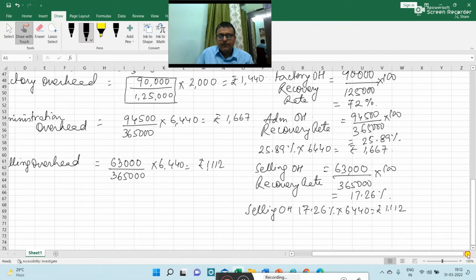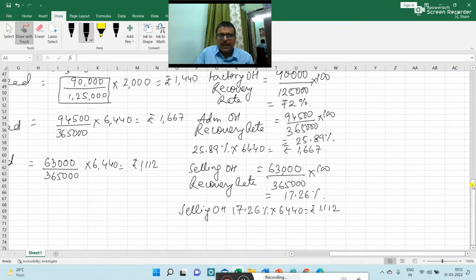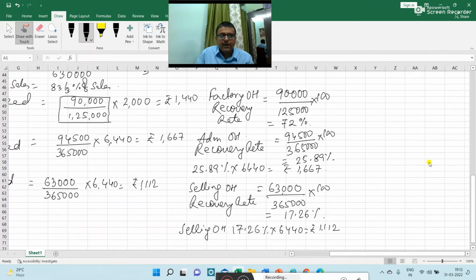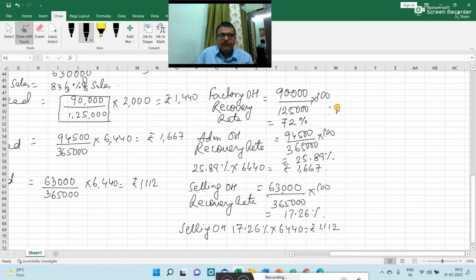You can calculate the factory overhead also by applying this factory overhead recovery rate. So here I am writing the factory overhead is equal to 72% of wages, that is 2,000, and this is rupees 1,440, and this amount is administration overhead.